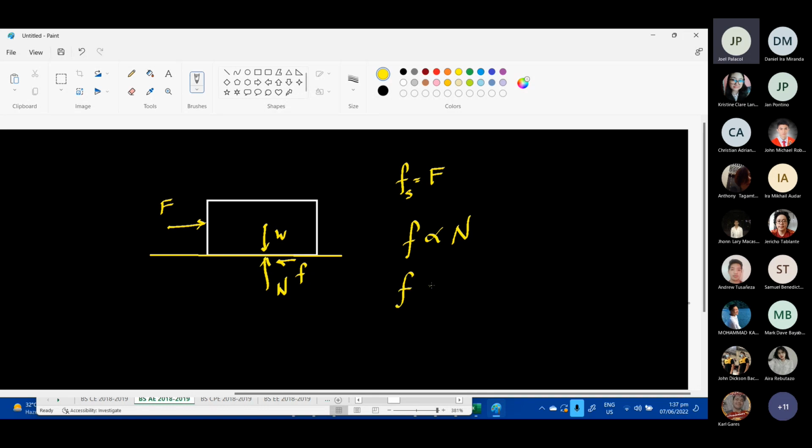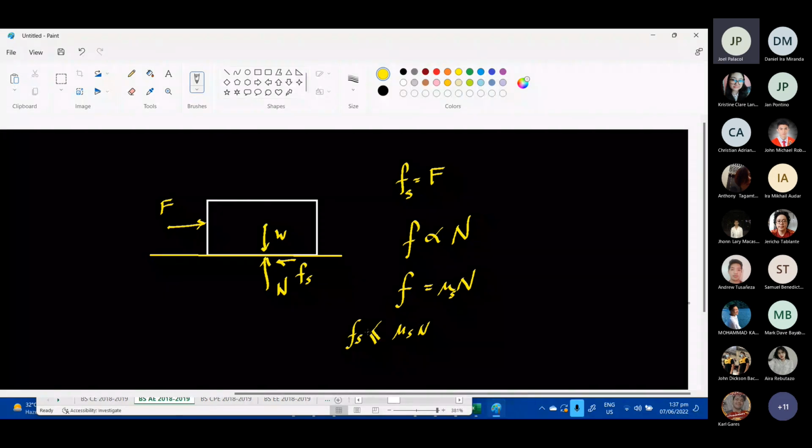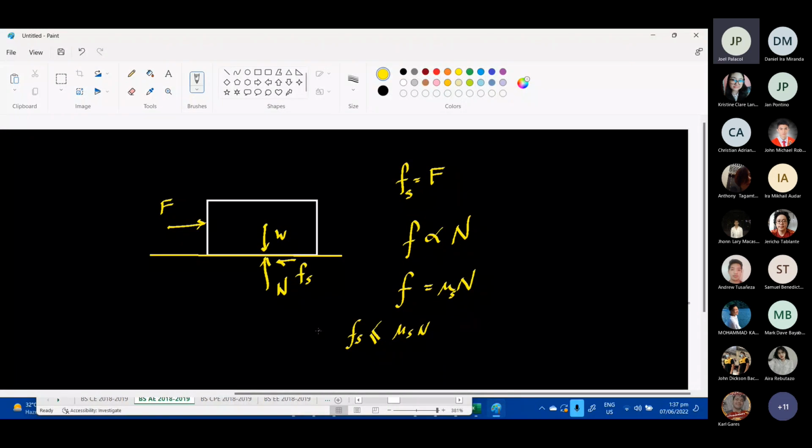And of course, this is equivalent to F equal to the coefficient of friction times the normal force, and that coefficient is for the static frictional force. The static frictional force could be any magnitude less than or equal to mu s times N. Because as we have seen in the presentation, the static frictional force is slowly building up. As you increase the applied force, the static frictional force increases.